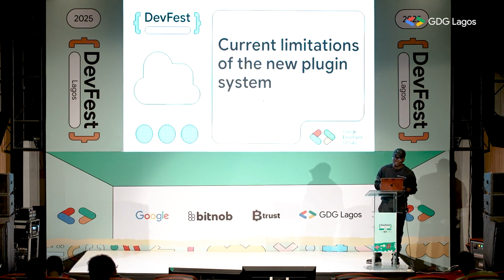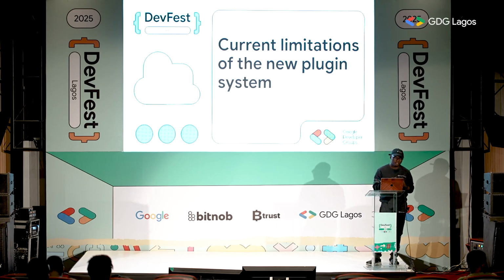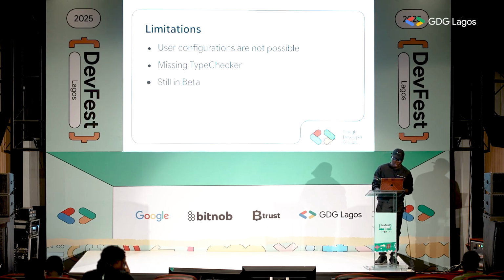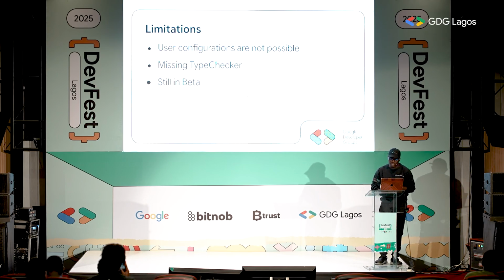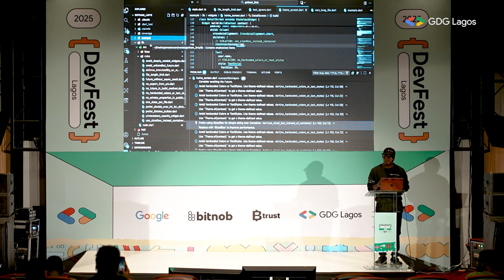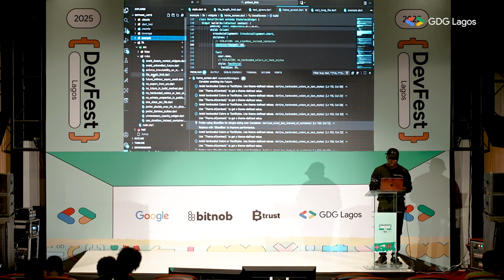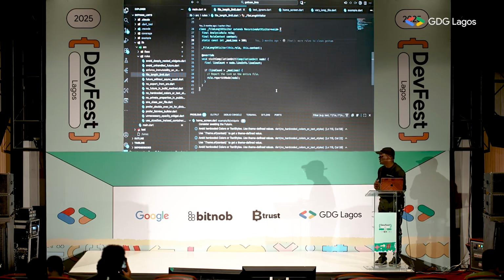But are they the next best thing after sliced bread now? I don't know. So what are the current limitations of the new plugin system? Let's not forget that initially I said this is a beta release, right? So one, user configurations are not possible. What do I mean by user configurations? When I showed us the lints earlier, where we defined how many lines of code you need to have gone through before you say the file length is too long, I had hard-coded 500.